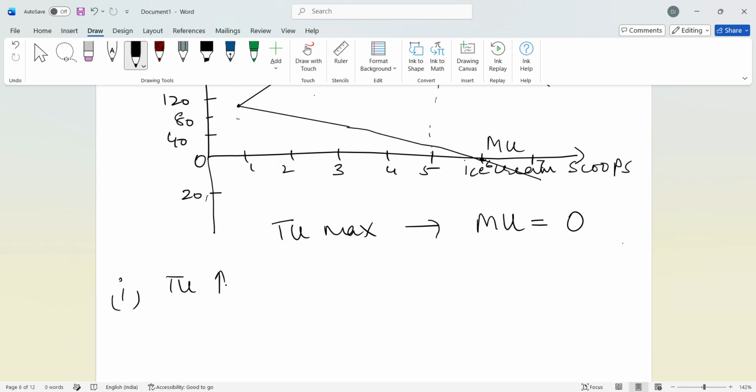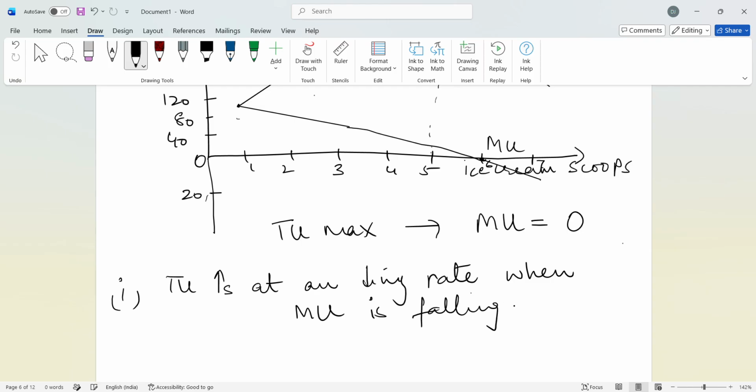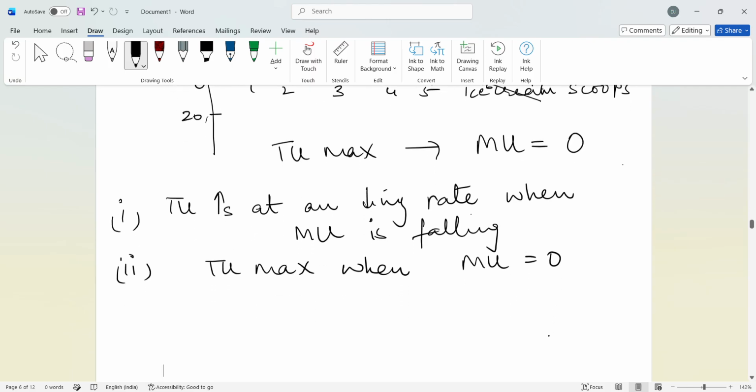Total utility increases at a decreasing rate when marginal utility is falling, right? Second is this one. TU is maximum when marginal utility is 0.